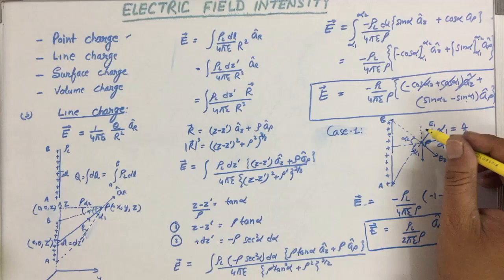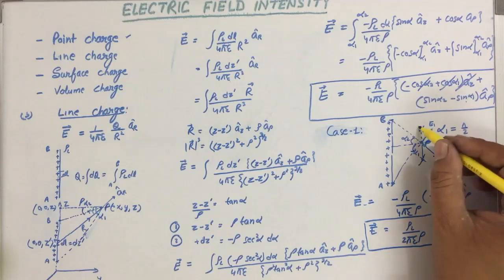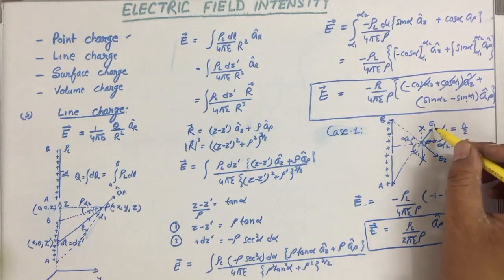The component of this in this direction and the component of this in this direction will be cancelled out, and the component of this in this direction and the component of this in this direction will be added. So the total field will be 2 times the component of this in this direction.